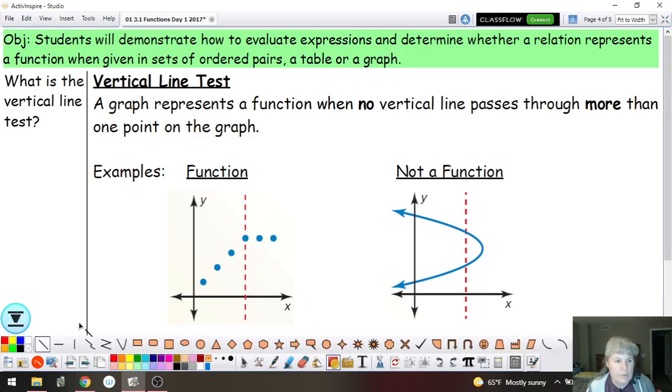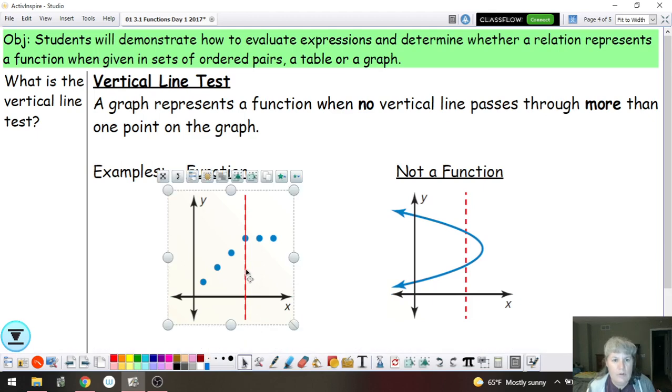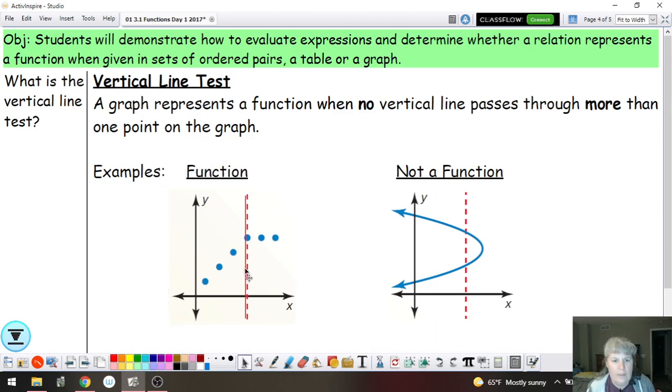I am just going to go ahead and make my own vertical line, draw it right over that, and move my vertical line. If I slide my vertical line to illustrate what that dashed line could do, no matter where I move it, my vertical line is only ever going to hit one point. That makes it a function.